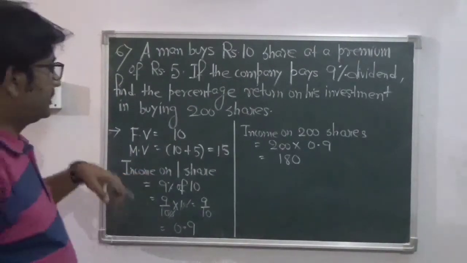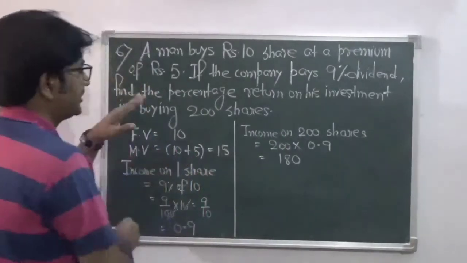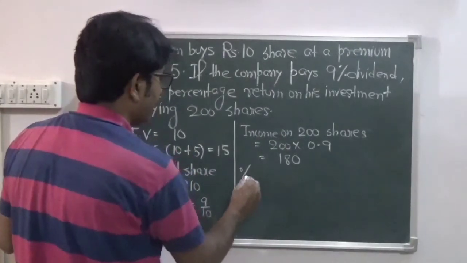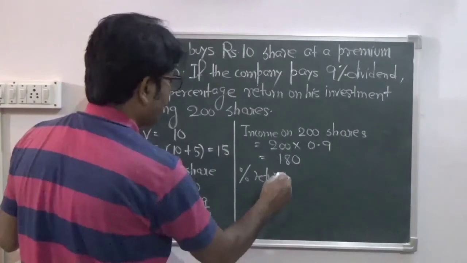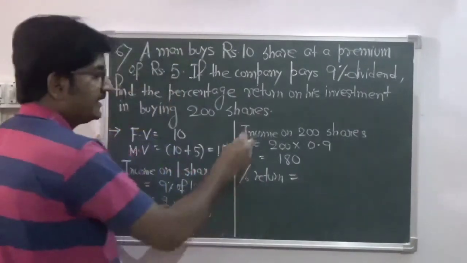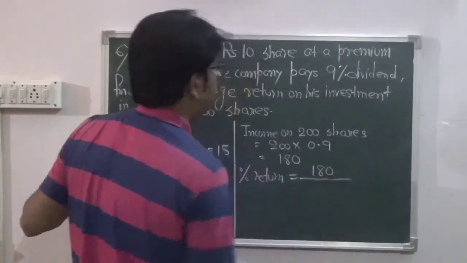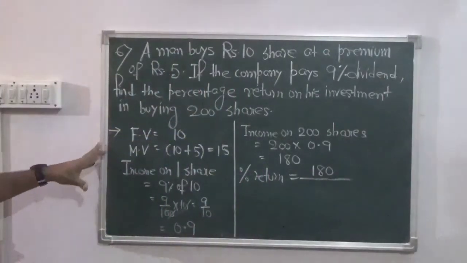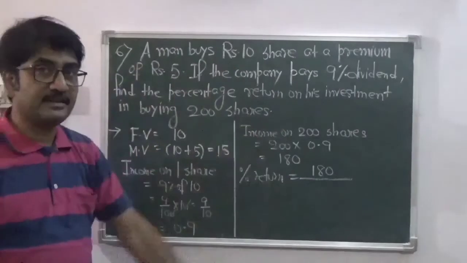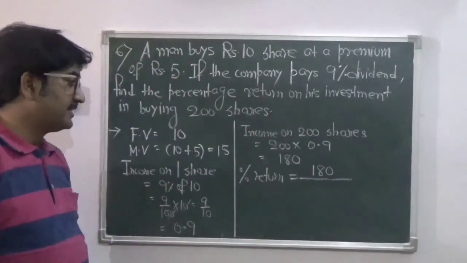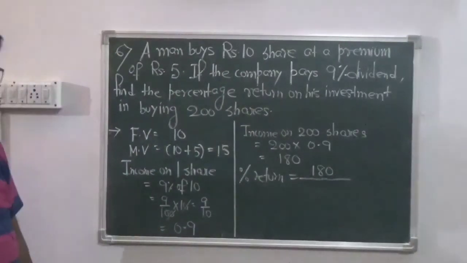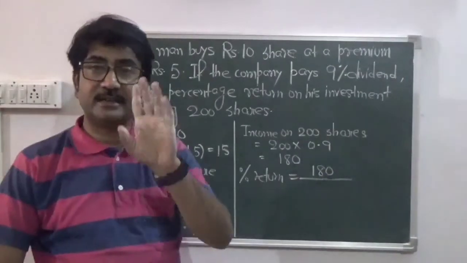Now what is the total percentage return? It is the total income, that is 180, divided by the total investment. The total investment is not known right now, but it is actually the number of shares multiplied by the market value.